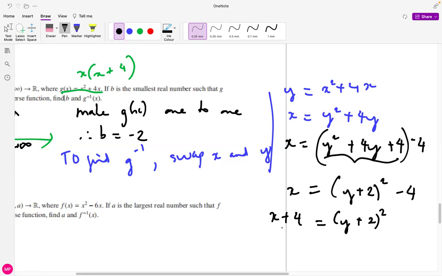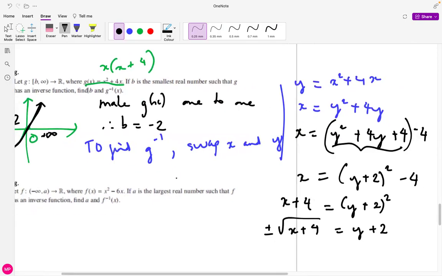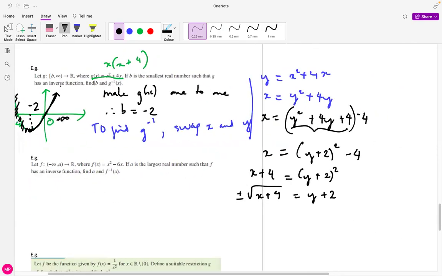To cancel the square, you have to square root the other side. Now, usually when you square root, you're going to end up having 2 answers in the front, right? And because for the inverse, you only have 1 answer, if you look at this, they tell you that the domain is b to infinity. So you can see they go to infinity for the domain of the original.